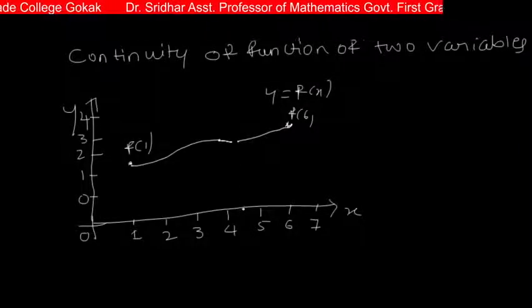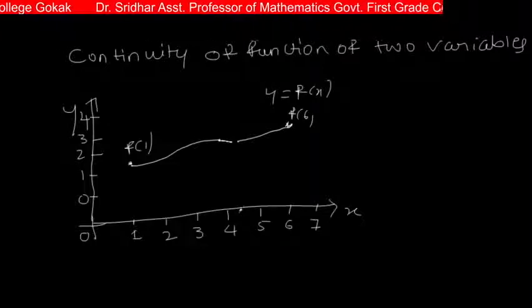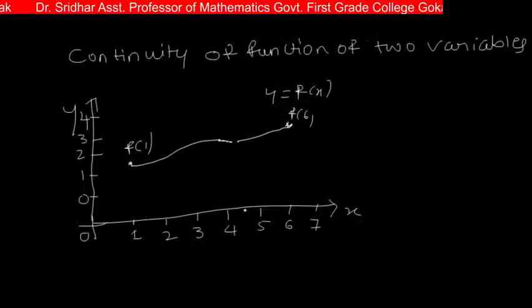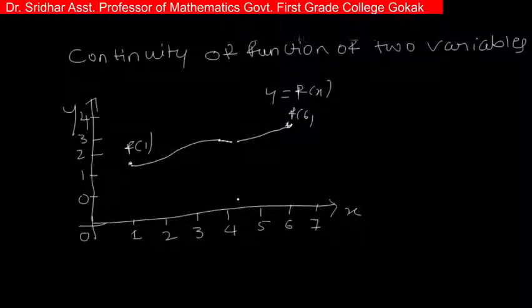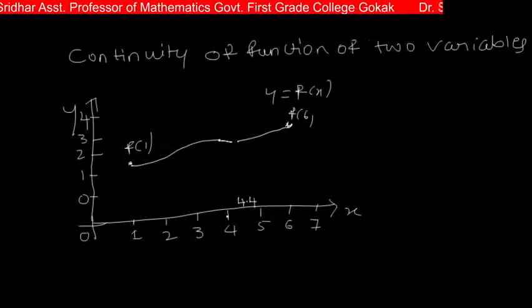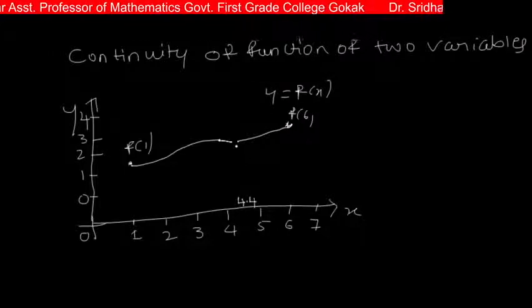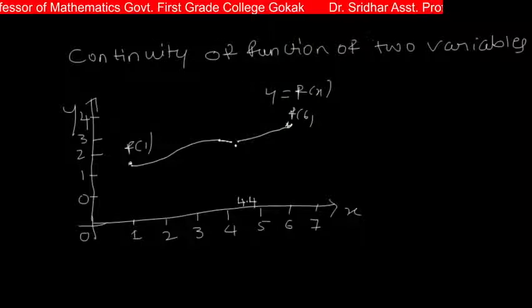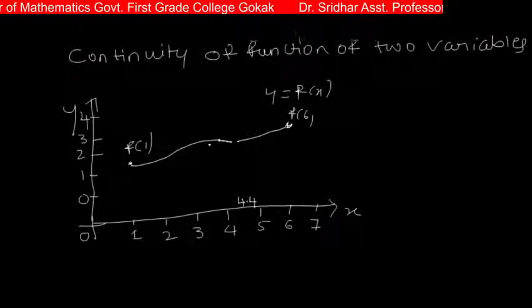Here the point may be, I think it is 4.4, right? So it is 4, then it may be nearer to 4.5, or we can take this as 4.4. Now at x equal to 4.4, the point does not exist on this curve.